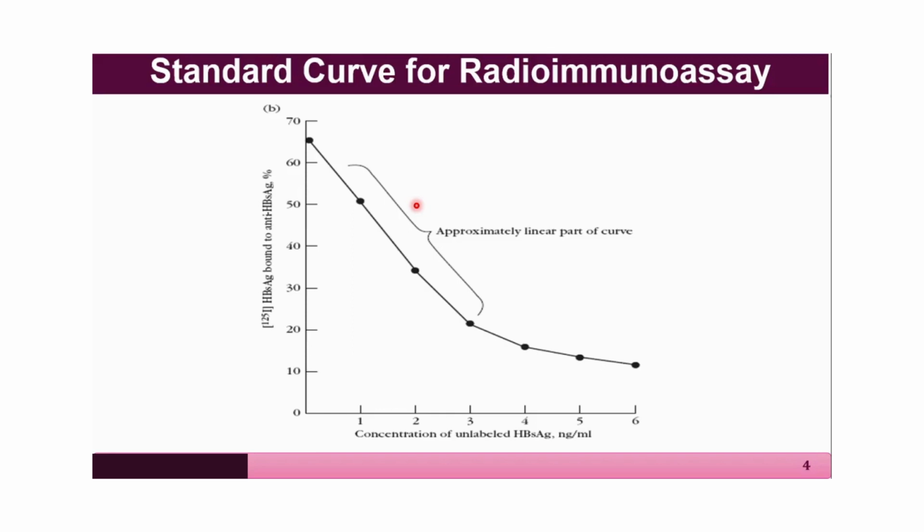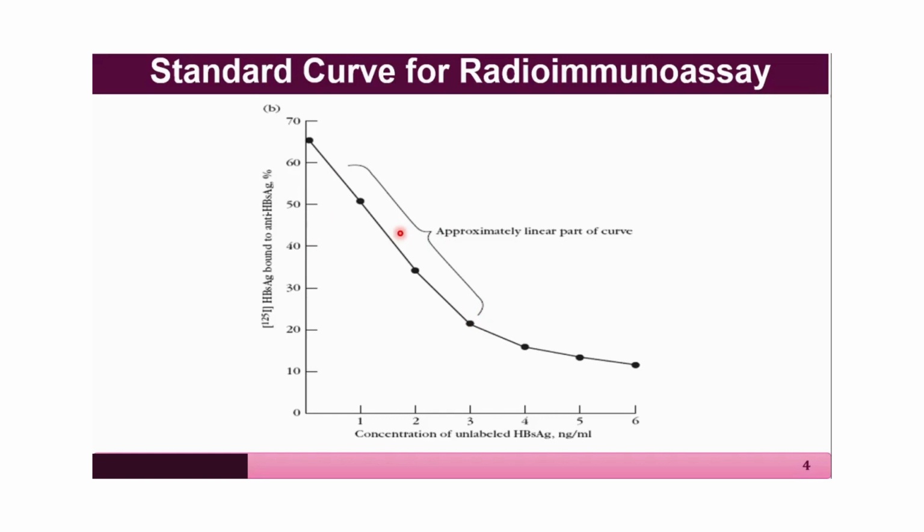The linear part is the area to be used for analysis, in the sense the serum sample obtained from the suspected patient to be analyzed for the antigen should be sufficiently dilute, where the radioactive count falls in that linear range part, which can be equated to the concentration of unknown antigen.